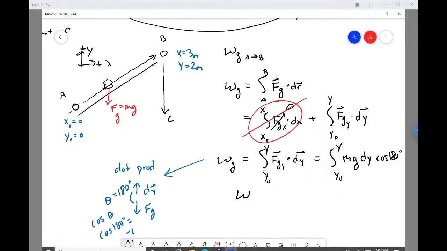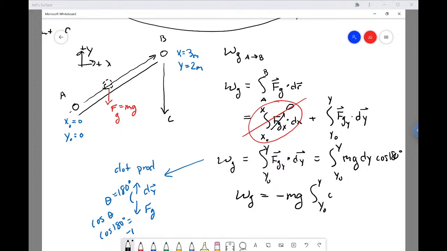We can pull that out in front. So we have the integral from y naught to y of these little infinitesimal changes in y. What is that? Well, if you integrate from some initial position to some final position along one dimension, the total is just the total displacement.